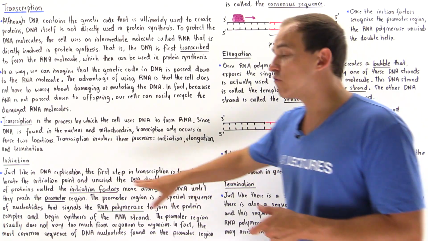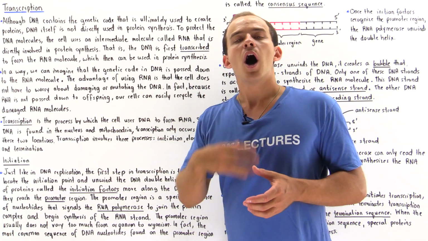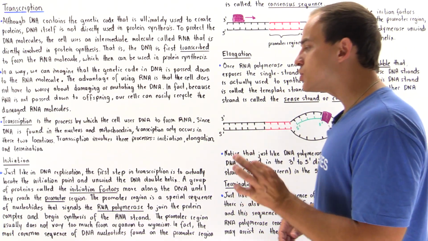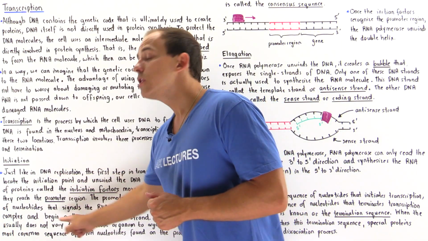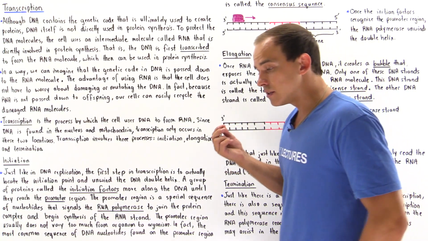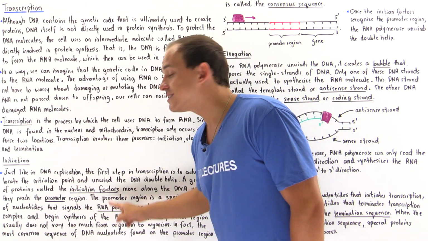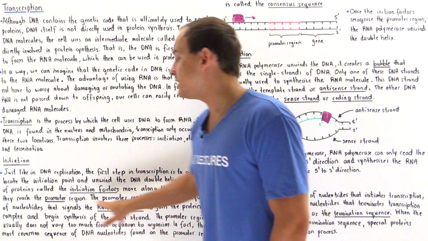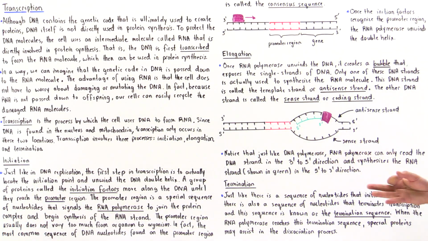Now, a group of proteins known as initiation factors move along our double-stranded DNA molecule until it reaches a special region on the DNA known as the promoter region. Now, the promoter region is a special sequence of DNA nucleotides that signals the RNA polymerase to join the protein complex and begin the synthesis of our RNA strand.